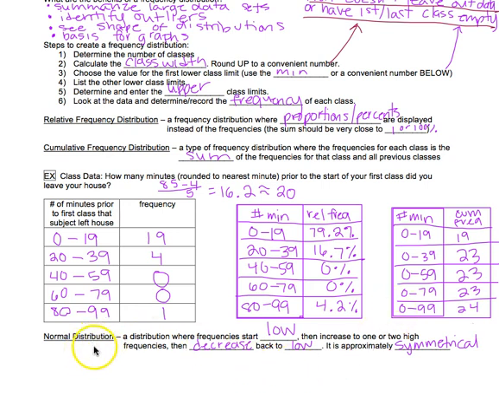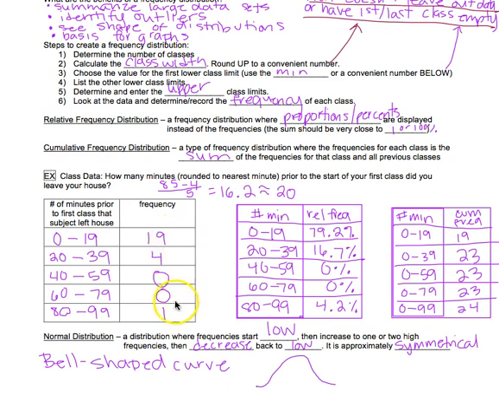The typical way that we describe a normal distribution is a bell-shaped curve. So the general shape, low, high, low, and approximately symmetrical. Doesn't have to be exact, but approximately.